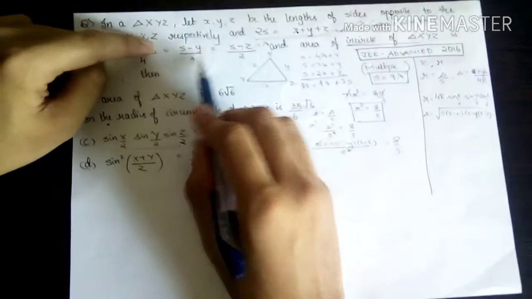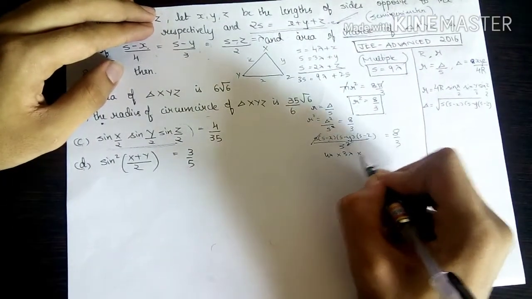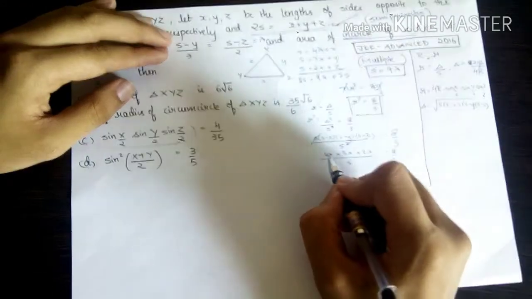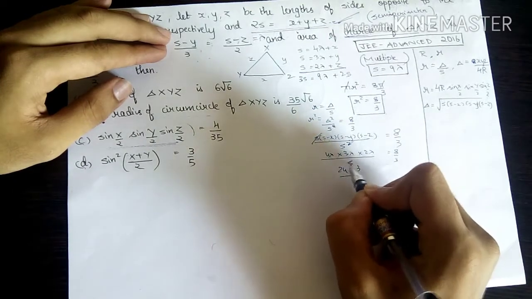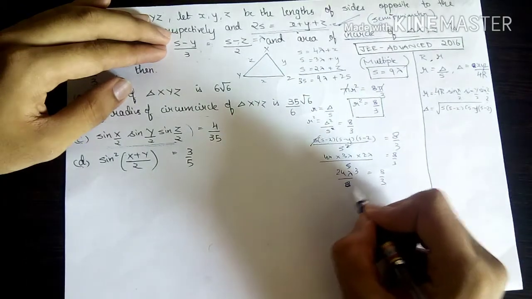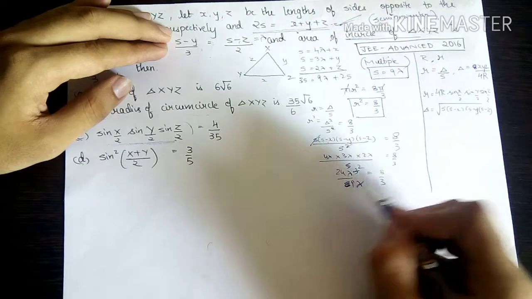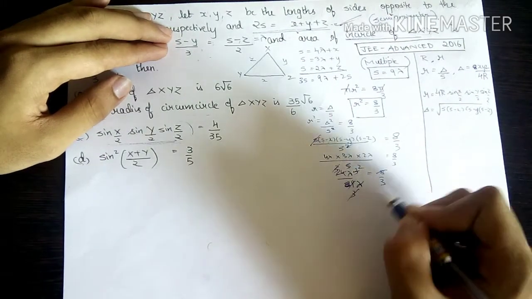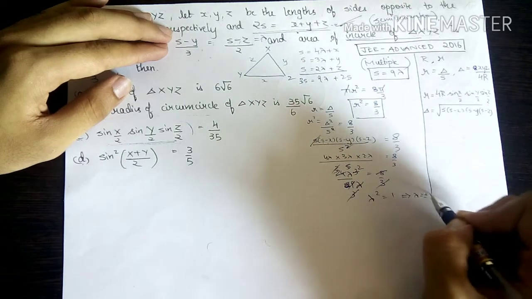So 4 lambda times 3 lambda times 2 lambda divided by s is equal to 8 by 3. 4 threes are 12, 12 twos are 24, so 24 lambda cubed divided by s is equal to 8 by 3. s is actually 9 lambda, so one of the lambdas gets cancelled, and the numbers cancel too. So lambda squared is equal to 1, which implies lambda is equal to plus or minus 1.